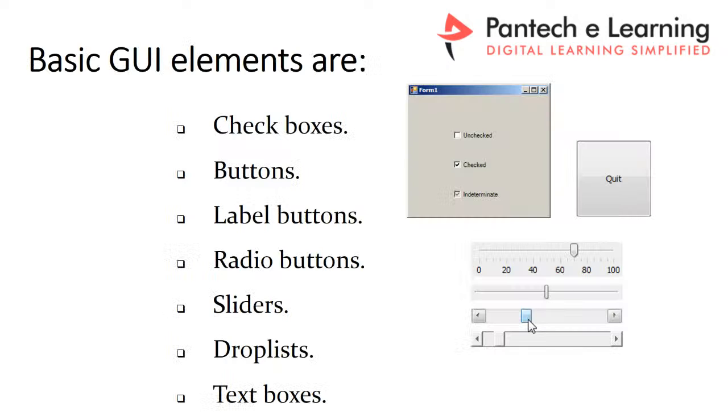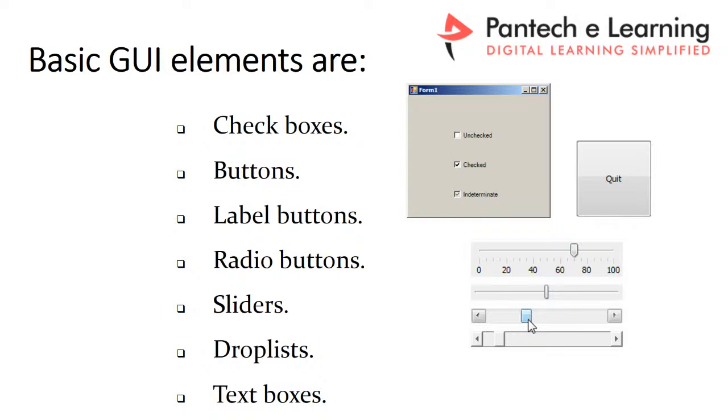So the basic GUI elements in any kind of software that we develop are checkboxes, buttons, label buttons, radio buttons, sliders, drop list, and text box. Checkboxes are used to select or deselect any of the functions which we require. Buttons are used to interface between any kind of actions.